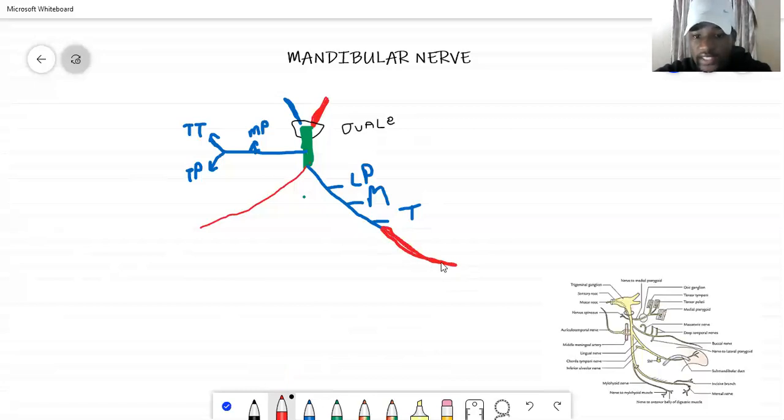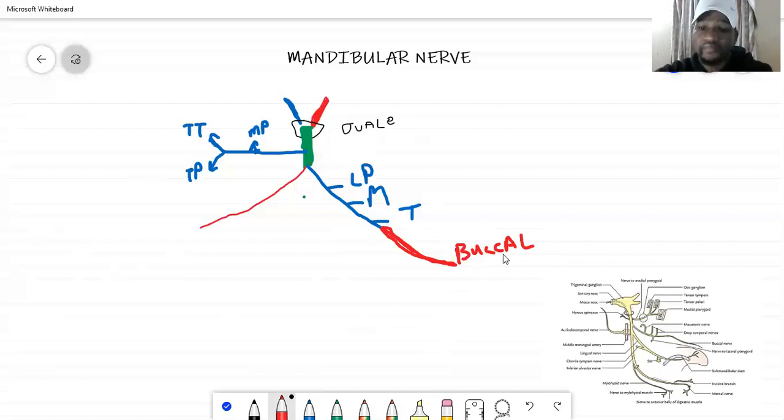Although it is in the anterior division, it is sensory. This is our buccal nerve, right? So it is the only nerve that is sensory in the anterior division. And what does the buccal nerve supply?